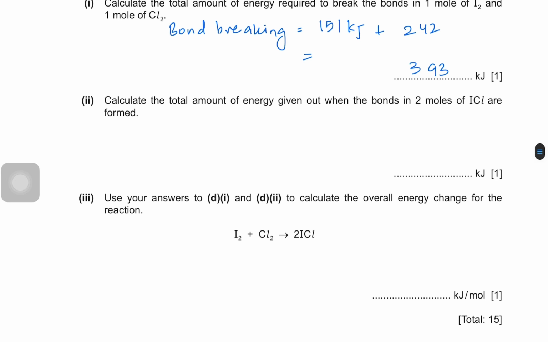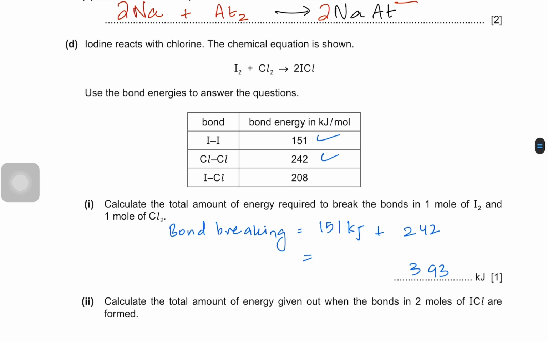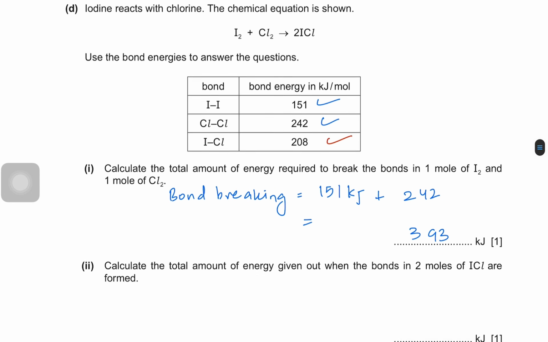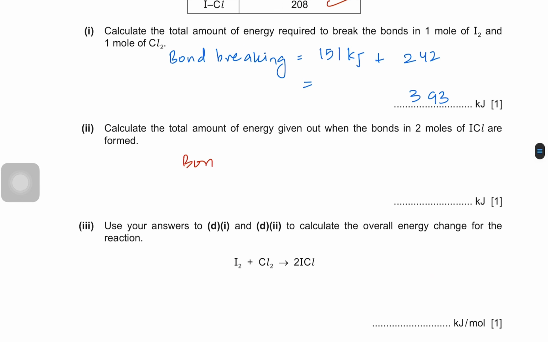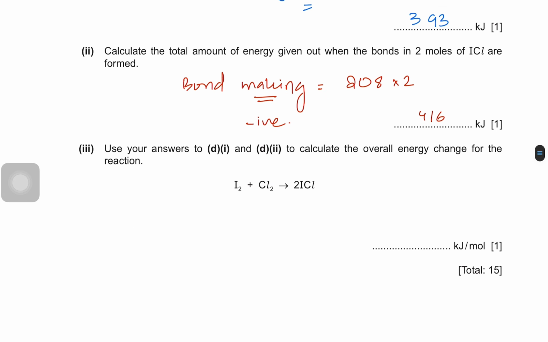Calculate the total amount of energy given out when the bonds in 2 mole of ICl are formed. So ICl is 208. Bond making is 208 times 2, which gives you 416 kilojoule. Since it's bond making, it should be negative, but they're just concerned with the energy.